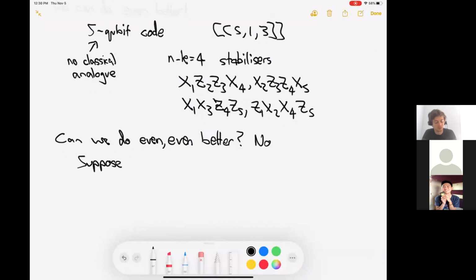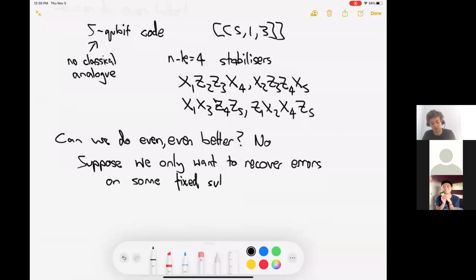Suppose we only want to recover errors on some fixed subset of qubits.